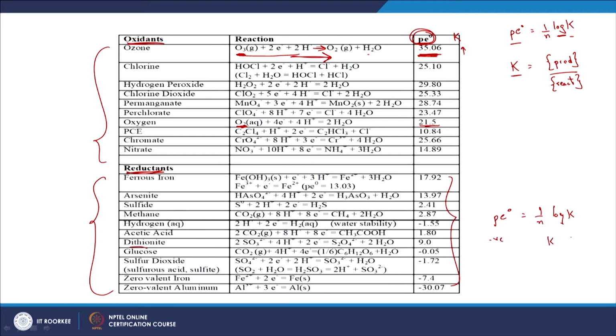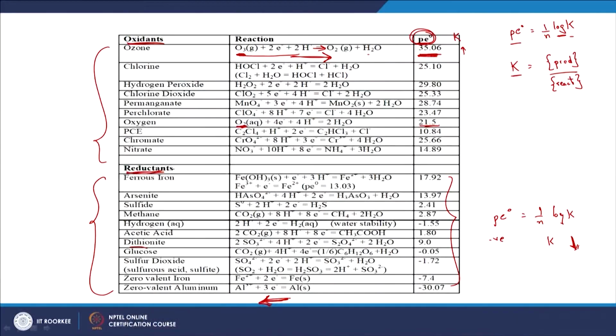That the K value is relatively less. If the K value is less, the reaction to the left will be favored or will proceed. In that case it is going to be oxidation, or the relevant compound here would act as a strong electron donor or a strong reductant.